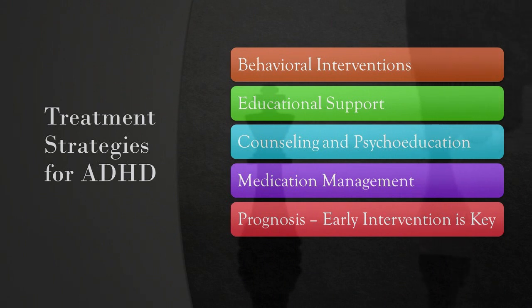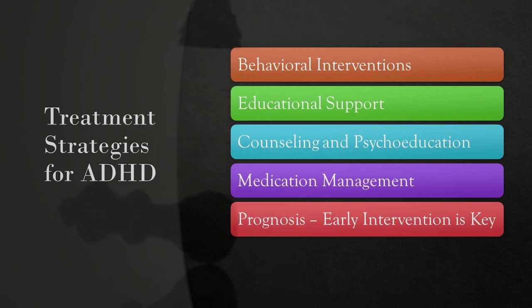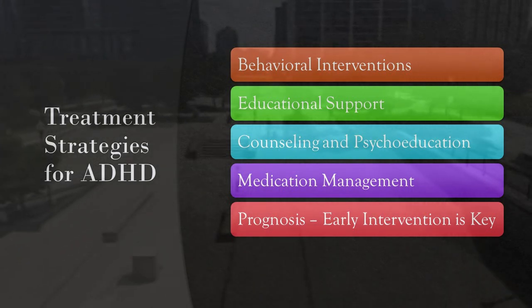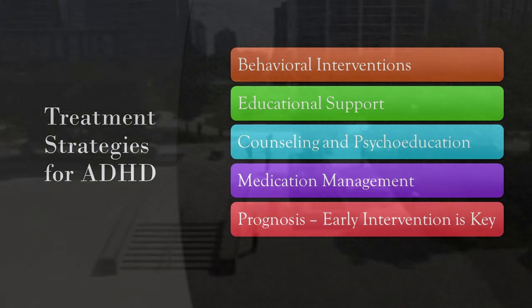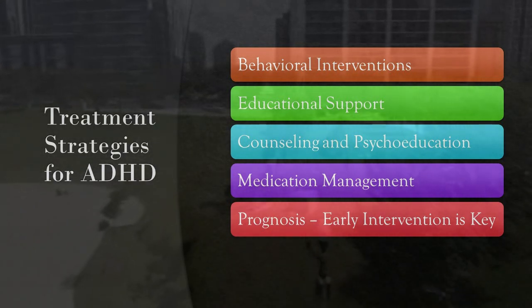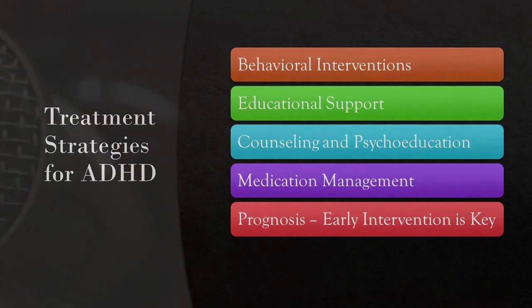And then there's the medication management, and medication normally takes place in the form of stimulants. And that's because there is a lower activity in the prefrontal cortex and in some of the connections between things like the basal ganglia and the prefrontal cortex. And so the stimulants do a few things. They get things moving a little quicker, and they also will encourage the production and release of dopamine.